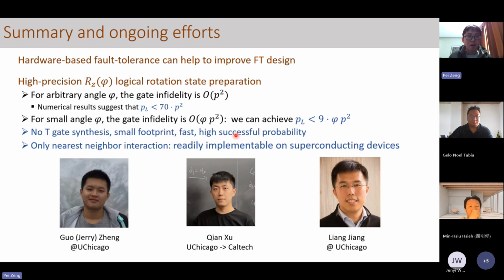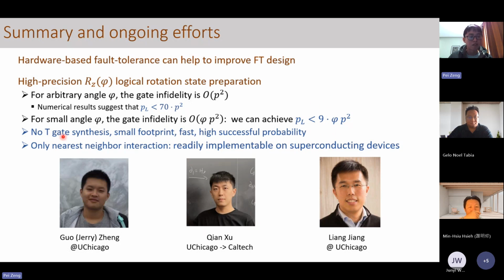Just to summarize, we designed some hardware-based fault tolerance, and this hardware-based fault tolerance can help to improve the fault-tolerant design, and we show how you can perform a second order suppression, first order suppression of the gate infidelity for arbitrary angles, and for small angles you can suppress the gate infidelity to order p squared, and we can achieve a very small error rate.